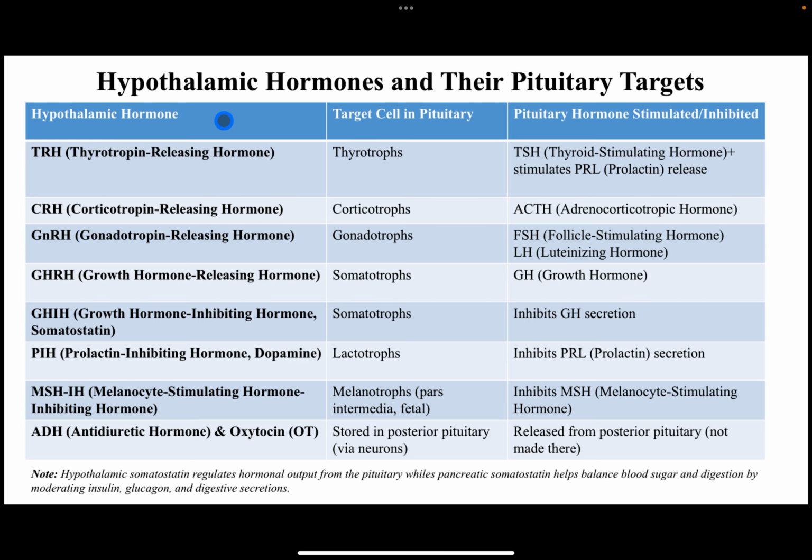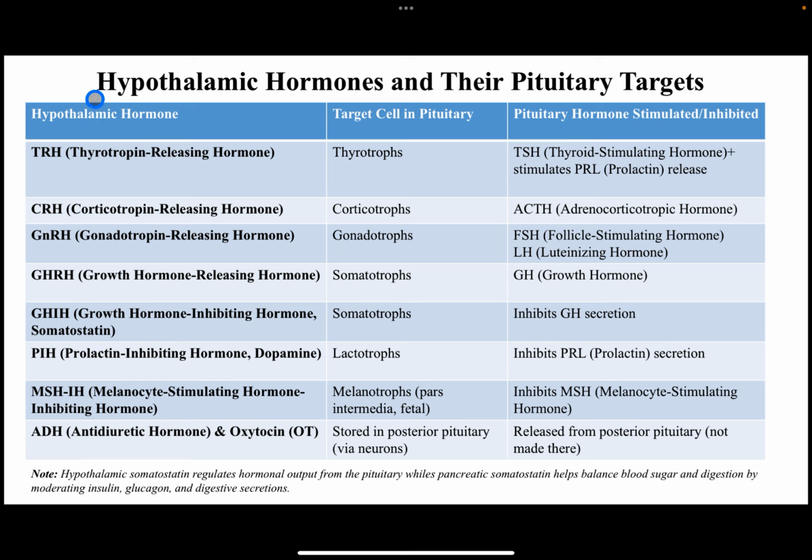Now, let's look at the hormones produced by the hypothalamus. The hypothalamic hormones go to stimulate the pituitary to either release or inhibit the release of a particular hormone by the pituitary gland.